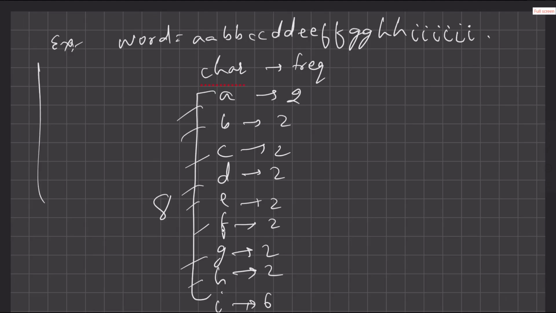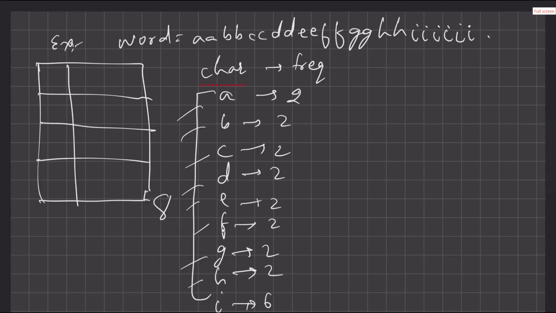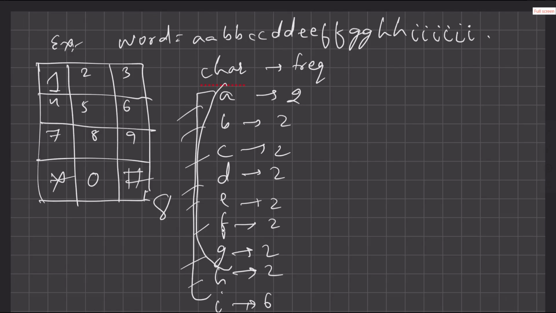And if we have a keypad phone, and we try to place these 8 characters across the board, let's say A, B, C, D, E, F, G, H, and I remaining.